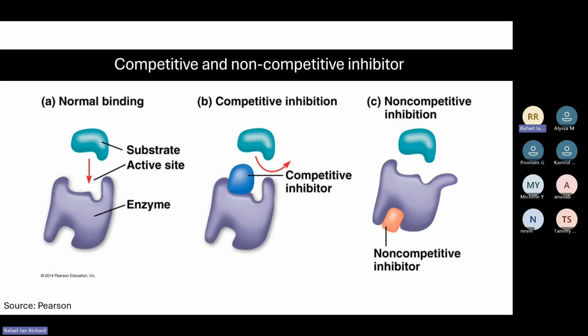As you can see, there's the induced fit theory and the lock and key theory. Basically, what you need to know is that the substrate and the enzyme have pretty much the same shape, so they are like a lock and key.